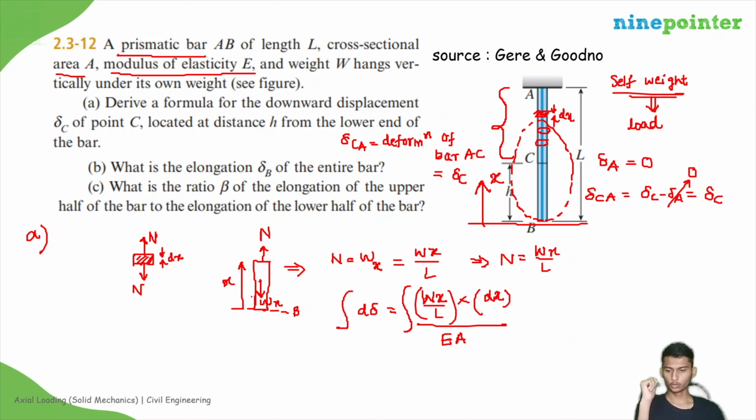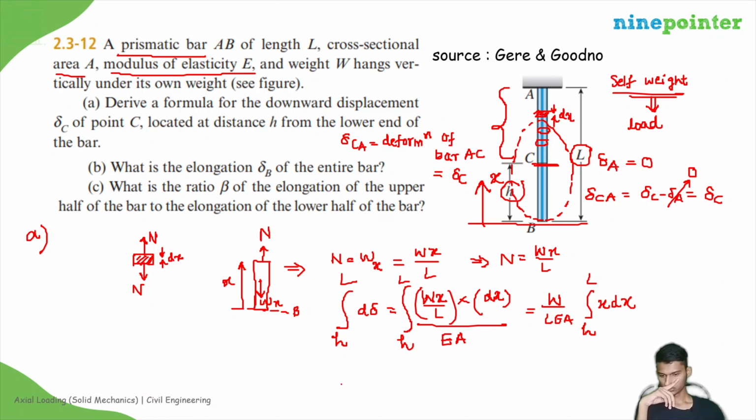For delta C, we need to integrate from h to L, because this point is at a distance h and this point A is at L. We need to calculate the elongation of the AC part only. So the limits should be h to L. That will give you W by L E A, integral h to L x dx.